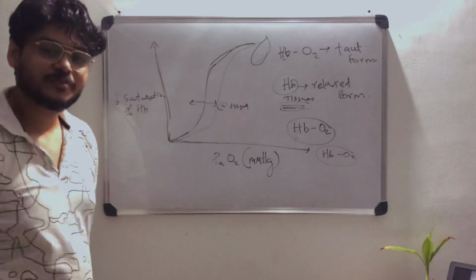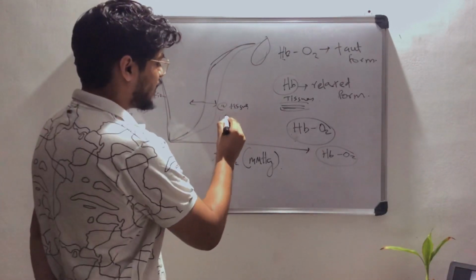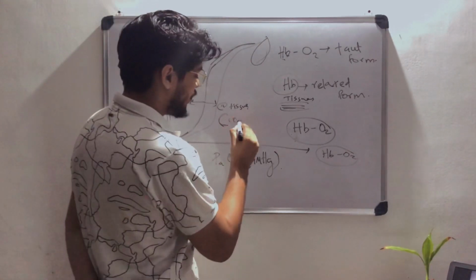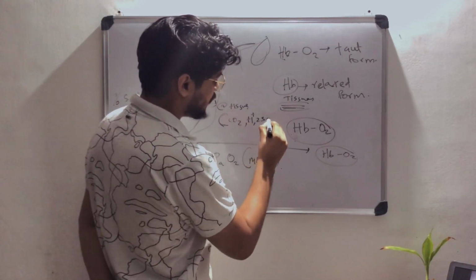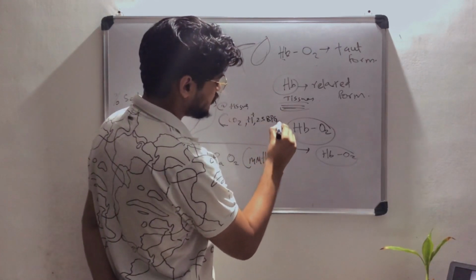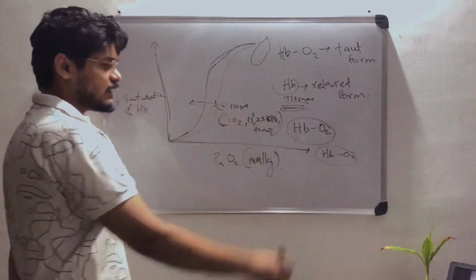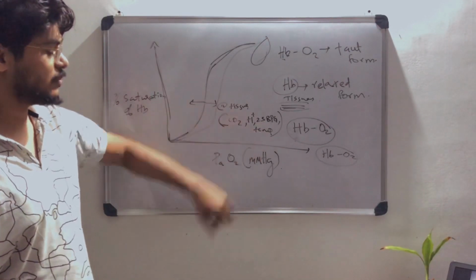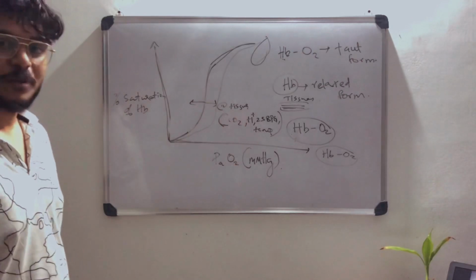So when does this hemoglobin releasing oxygen take place? In tissues. So it happens at tissue, and there are some friends of hemoglobin. They are carbon dioxide, H plus, 2,3 BPG, and temperature. These four people, carbon dioxide, H plus, 2,3 BPG and temperature, are very good friends of hemoglobin.